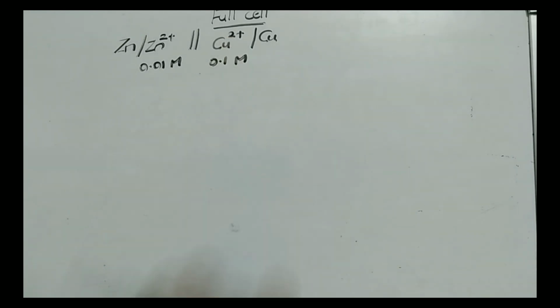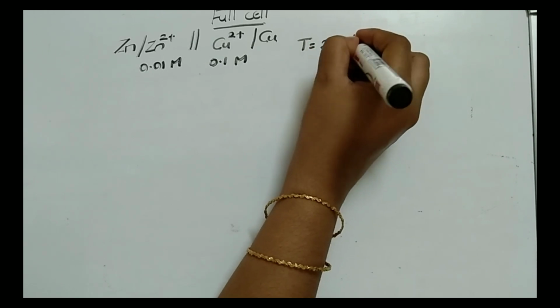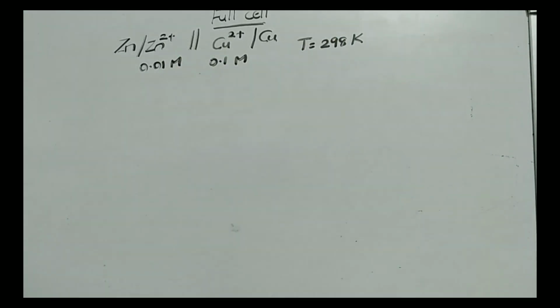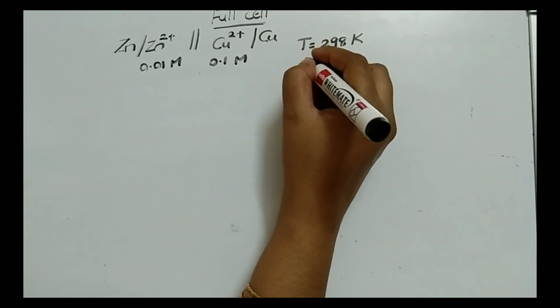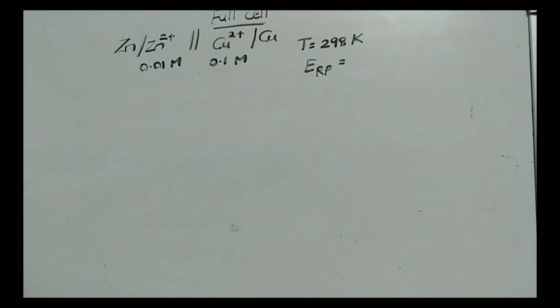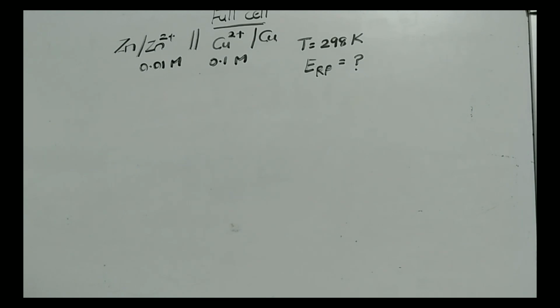Copper 2+ concentration is given as 0.1 molar. Again the temperature is given as 298 K. The concentration is not equal to 1 molar, so we will be using the Nernst equation. What you have to calculate is the reduction potential.